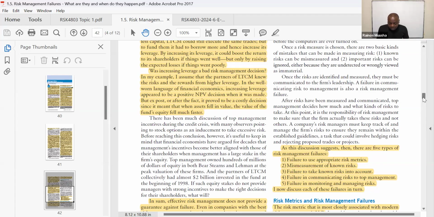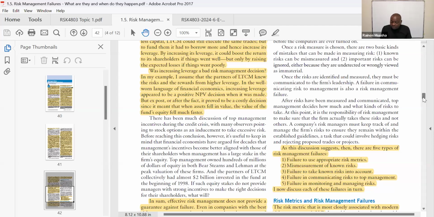So here they say, as this discussion suggests, there are 5 types of risk management failures. The first one is failure to use appropriate risk metrics. Further down, they are going to discuss that and also relate it to LTCM. Mismeasurement of known risks is the second one.